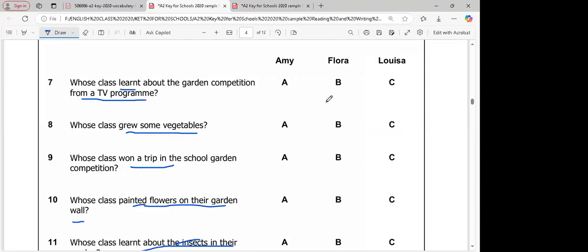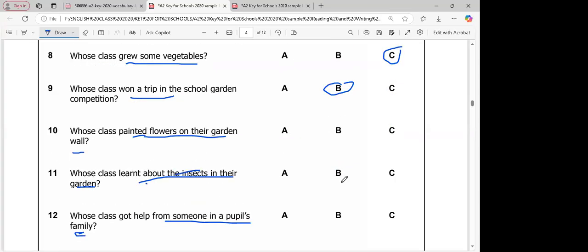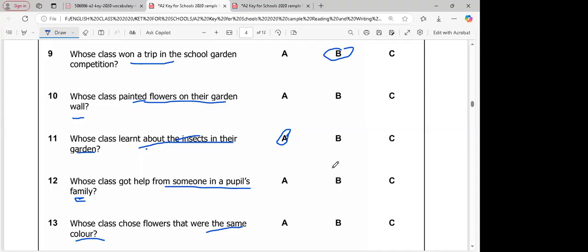7th answer is B, Flora. 8th answer is C, Loisa. 9th answer is B, Flora. 10th answer is A, Amy. 12th answer is A again.